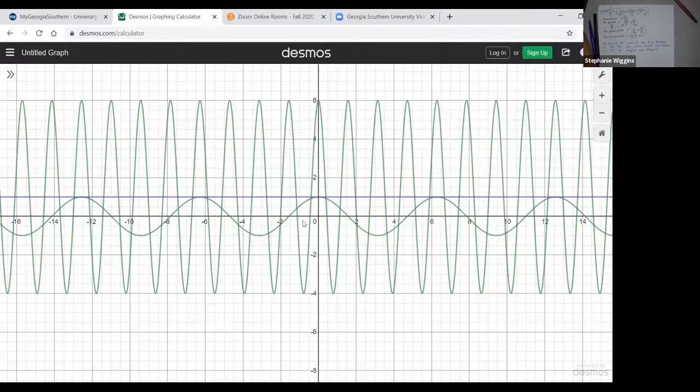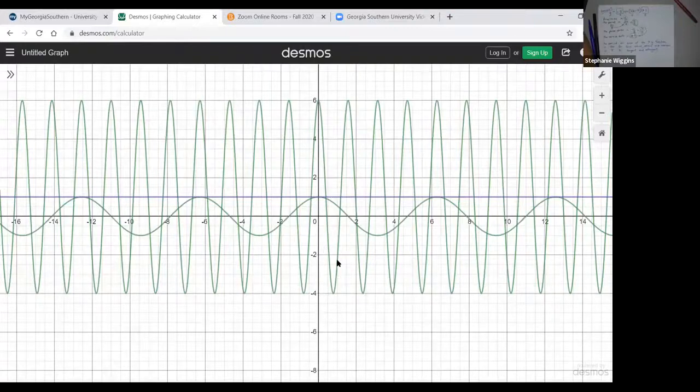So you can see everything is shifted up 1. The amplitude is 5, so the function would have gone up to 5, but because we added 1 at the end of the function, everything got moved up 1. And it would have come down to -5, but again, because everything got moved up, it comes now down to -4. So there's that vertical shift.